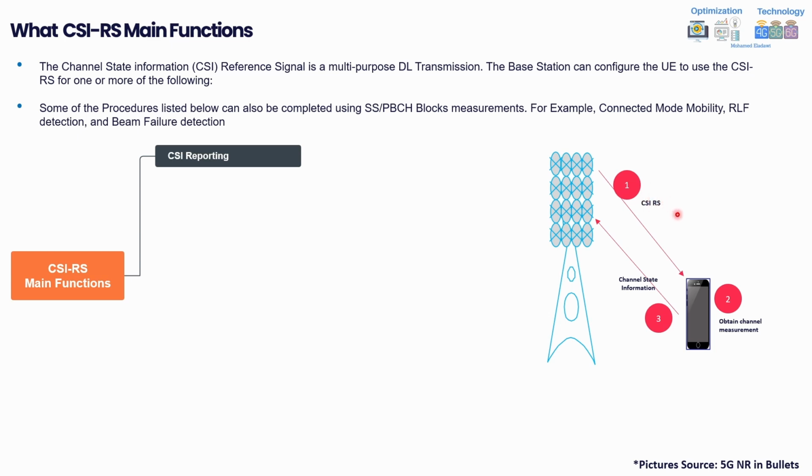Using the CSI-RS to acquire the channel measurement, the UE then reports something called CSI, which is channel state information.